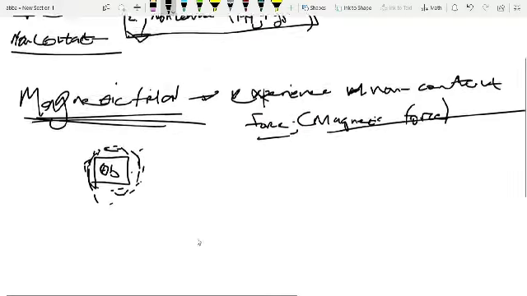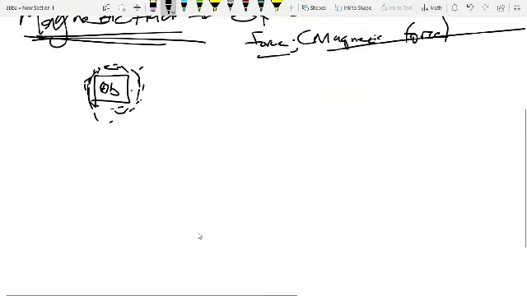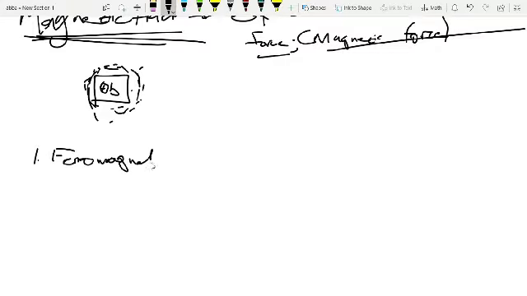Now, we have different types of magnets. Let me rewrite all of them. We have the ferromagnets, and number two, we have the permanent magnets, right?